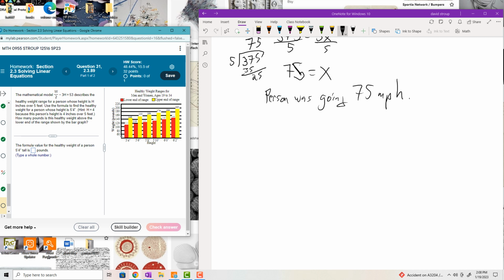So here is a chart problem. We have another model, so let me write down the model. So the mathematical model, W over 2 minus 3h equals 53, describes a healthy weight range for a person whose height is h inches over 5 feet.